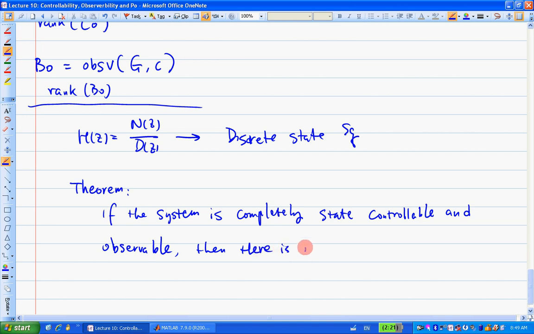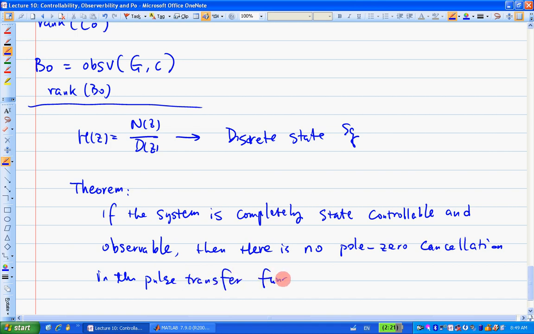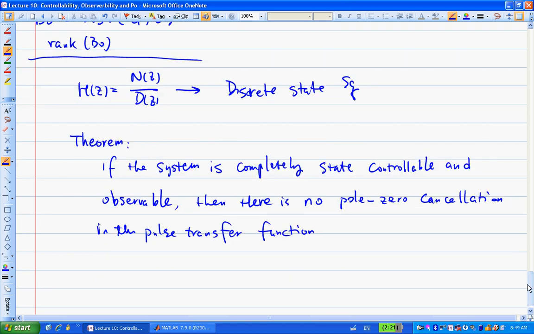there is no pole zero cancellation in the pulse transfer function. So that's what this theorem says.